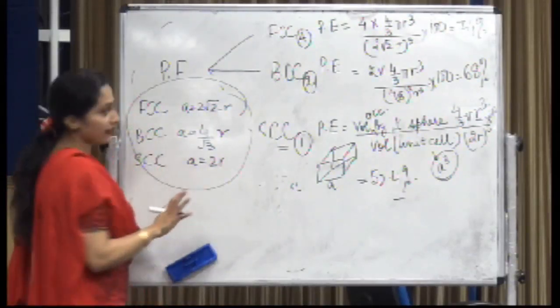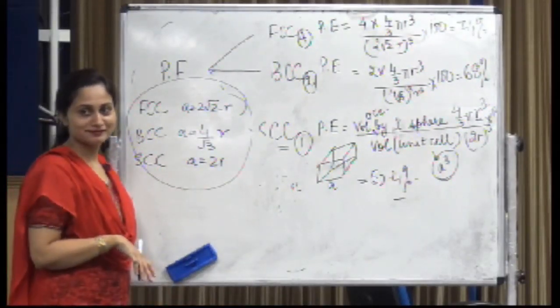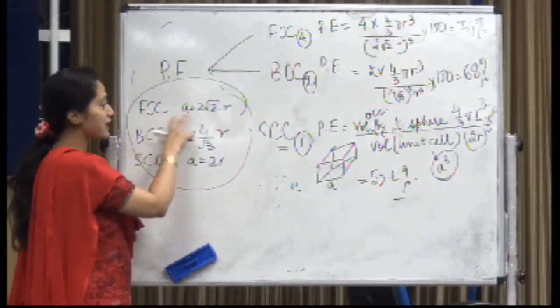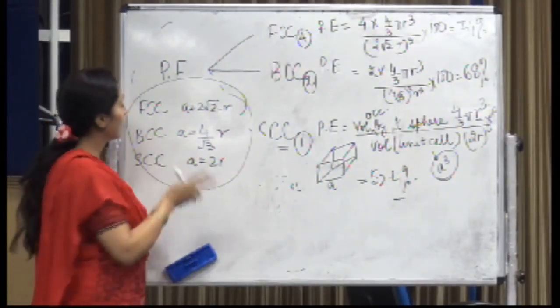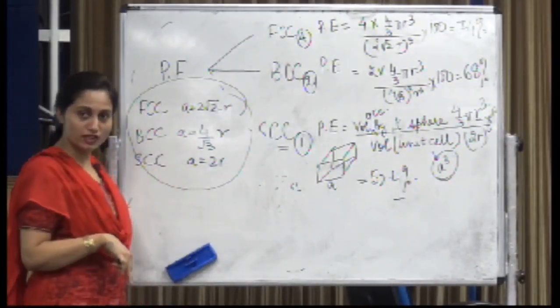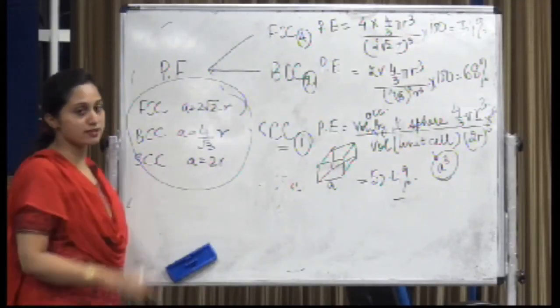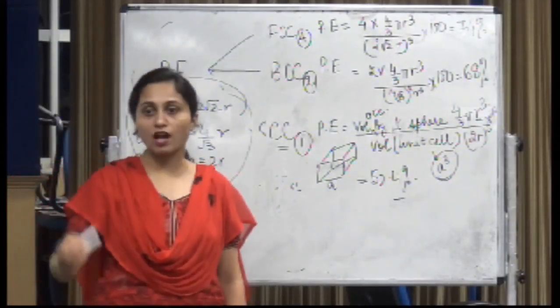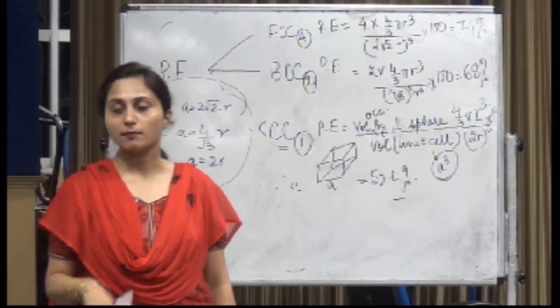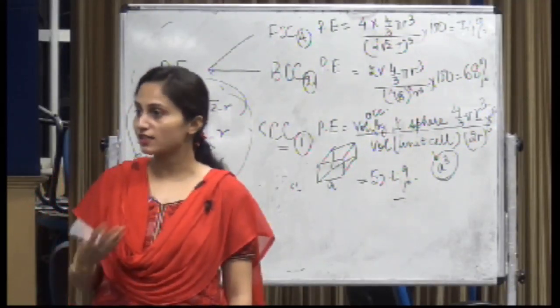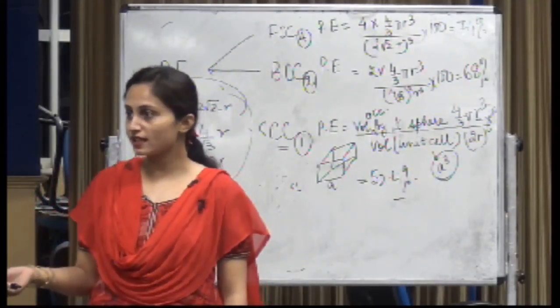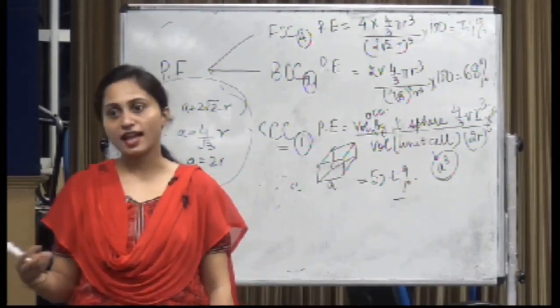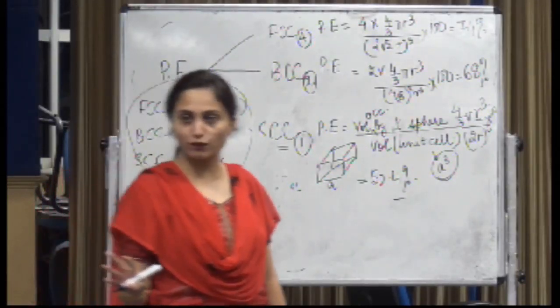So you should make that available. What you have is FCC: A is equal to 2 root 2 r, BCC: A is equal to 4 by root 3 r, and SCC: A is equal to 2r. Giving you half a minute, memorize it right here. Packing efficiency you will remember: FCC is 74%, BCC is 68%, SCC is 52.4%.